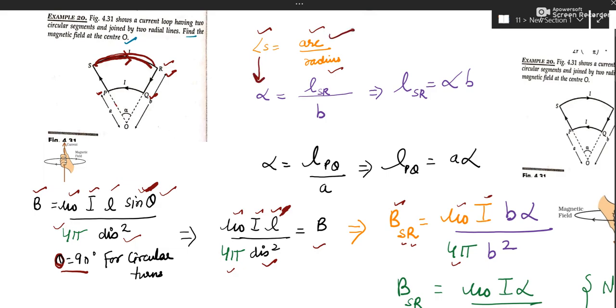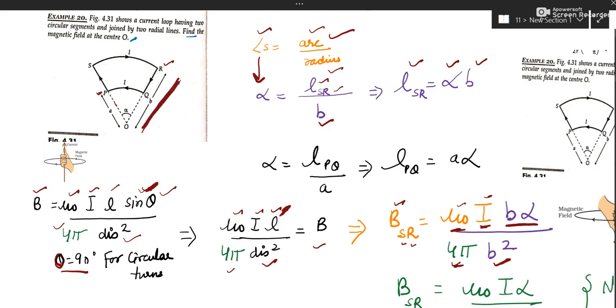The length of the arc is to be found. So I have written the length of the SR portion, that is to be found. And what about the radius? The radius for this loop is this distance, which is mentioned as B. So please substitute B here. So the length of the SR portion is radius times alpha, that is alpha B. So you can see mu naught by 4 pi I, this is L, the length of the SR portion, alpha B, upon distance square, that is radius square.